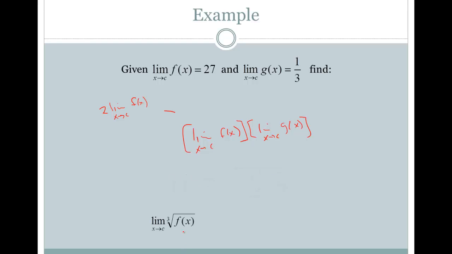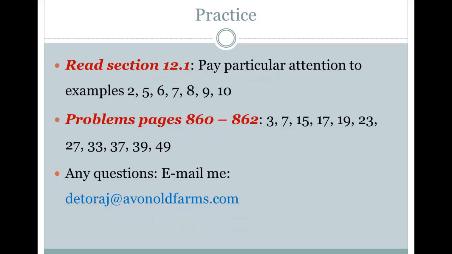And then finally, if I want to take the cube root, it's like taking the cube root of this limit here, so it's the cube root of 27, which is simply equal to 3. Okay? So there's some quick introduction to limits.